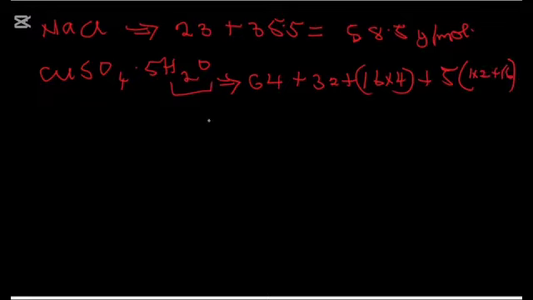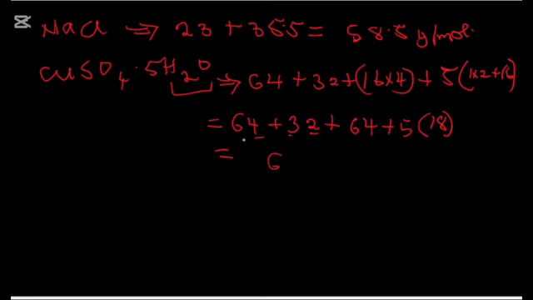Then I can add them up together. 64 plus 32, plus 16 times 4, that's 64, right? Plus 5 into bracket, 18. I hope you are following. So 5 times 18, 5 times 8 is 40, and 5 times 10 is 50, so that is 90.